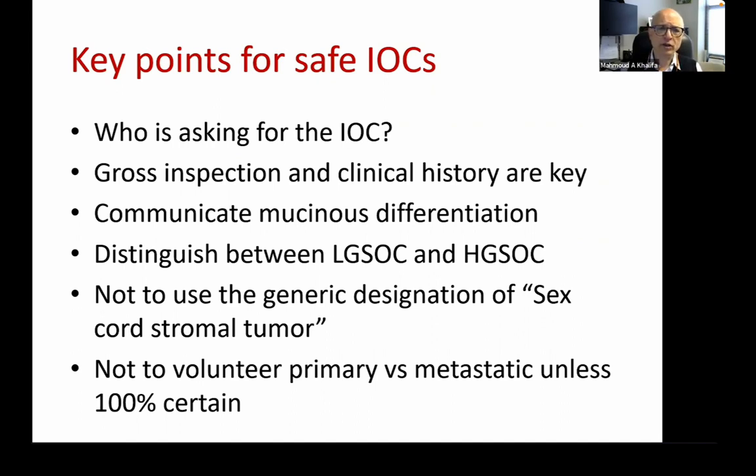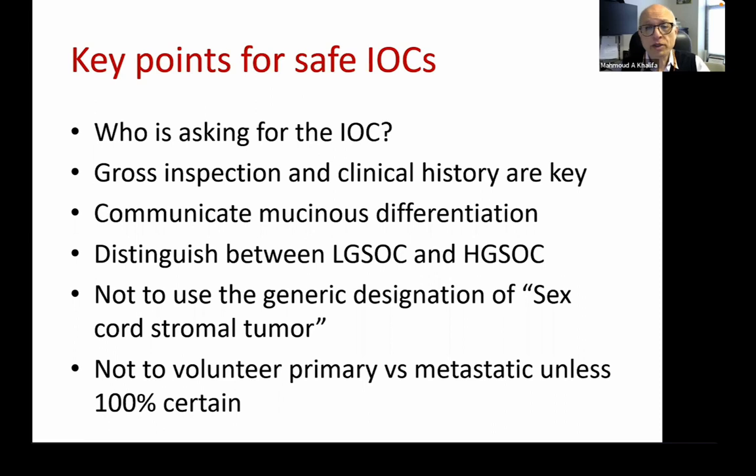We had a case of an ovarian tumor, and that was a couple of years ago. I was doing the frozen section, and it looked like thecoma, for God's sake, just fibroma. And the fellow came to me and I said, what do you know about this patient? He said, blah, blah, blah, the patient is whatever. And he said, you know, she had gastric cancer. What?